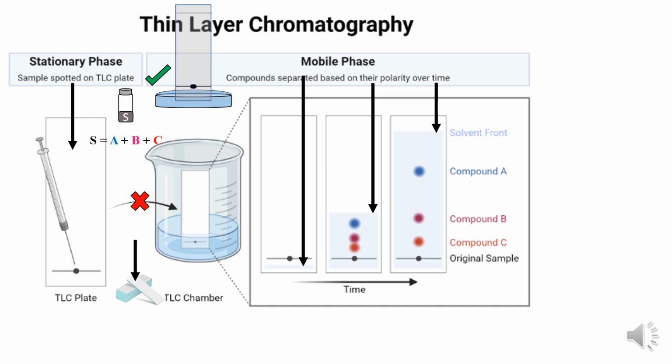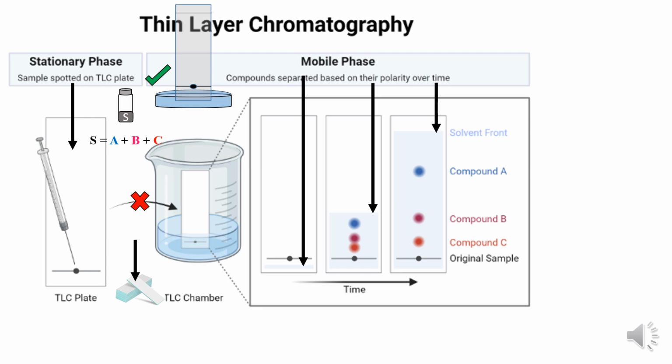Now the sample that is sandwiched between the stationary and the mobile phase travels over varying distances on the stationary phase. Now the distance traveled by the compound being separated over the stationary phase depends on its relative affinity towards the stationary phase as well as towards the mobile phase.